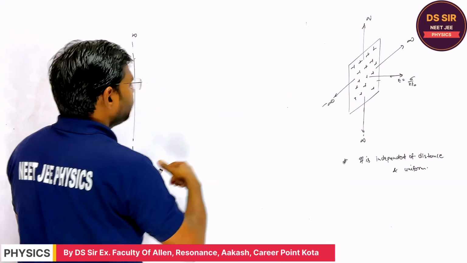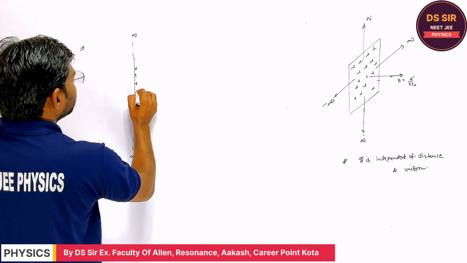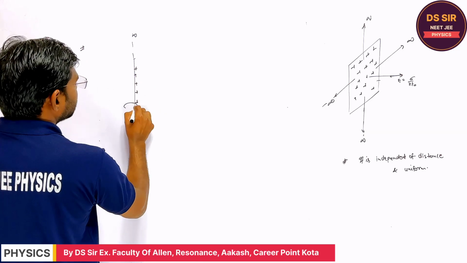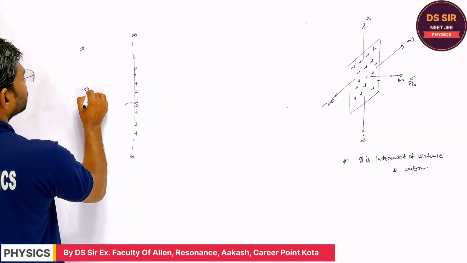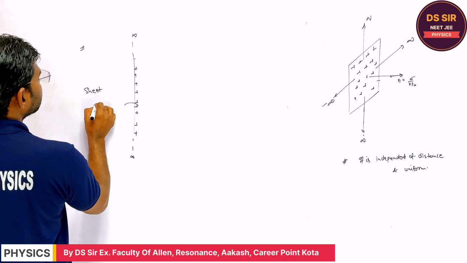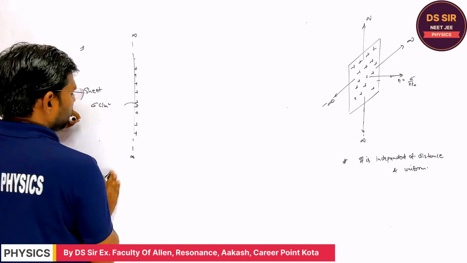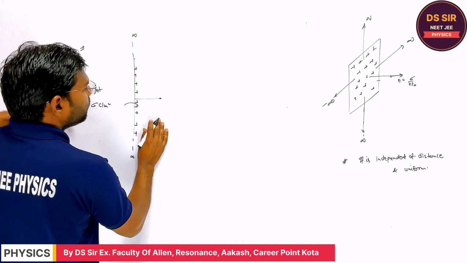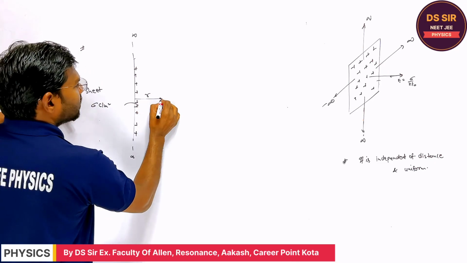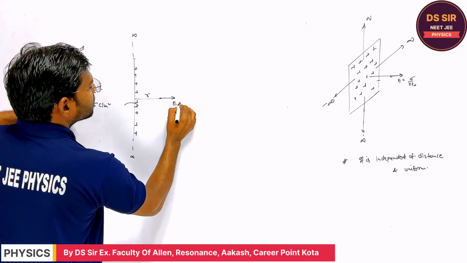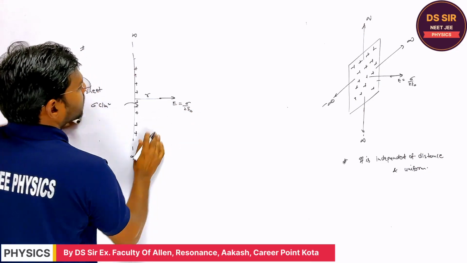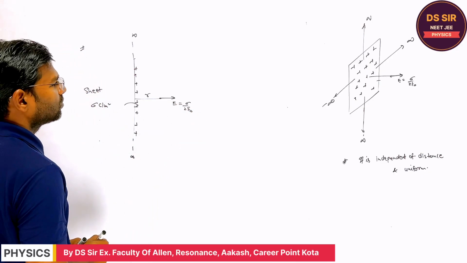This is the side view, and the surface charge density is sigma. You understand? This is the sheet having sigma coulomb per meter square surface charge density. So at any point at distance r, the electric field is what? Sigma upon 2 epsilon naught. Is it clear or not?